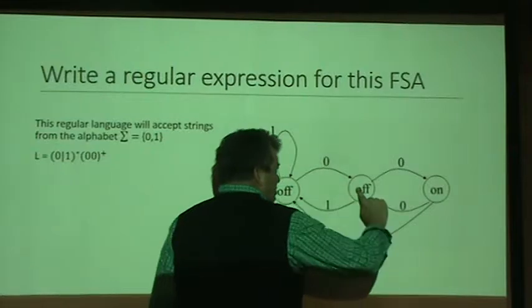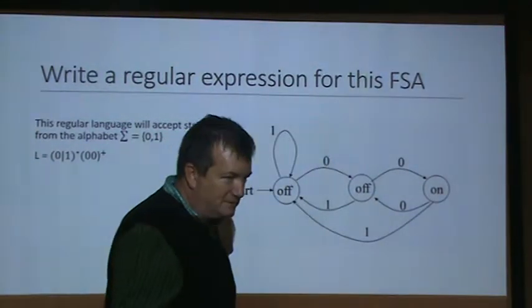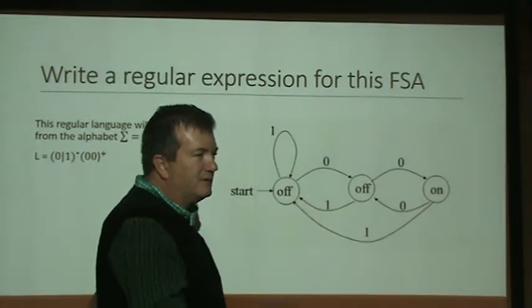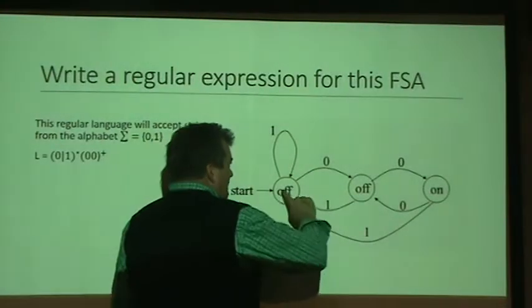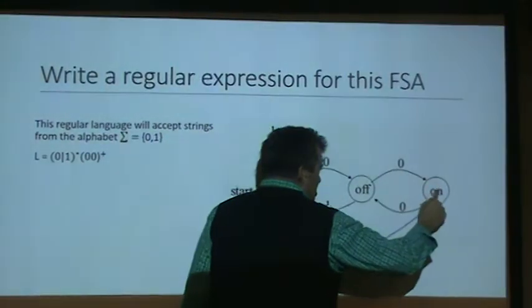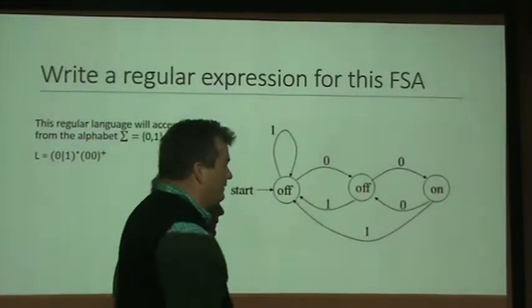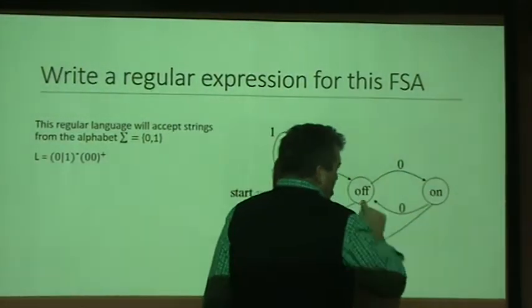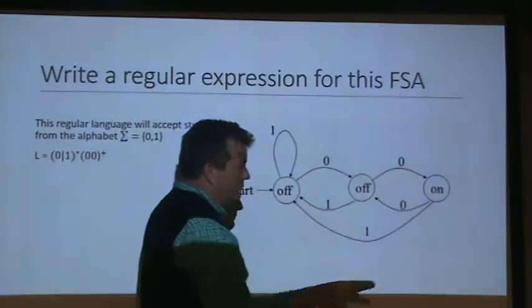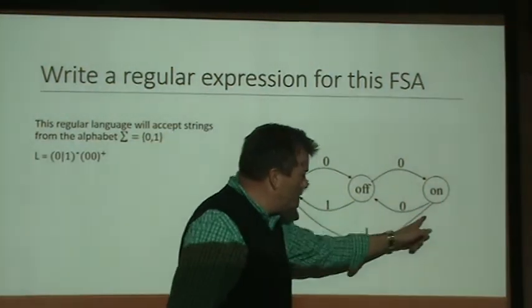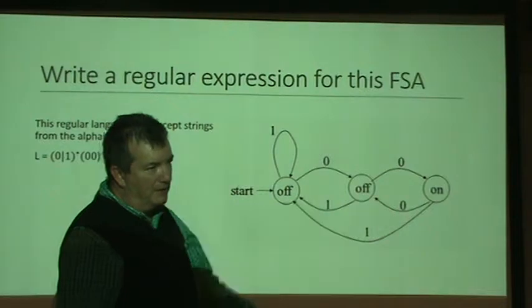If I read a 0 followed by a double 0 and the word ends, if it ends with 2 zeros, it's acceptable. If it ends with 2 zeros or 4 zeros, it's acceptable. If it ends with 2 zeros or 6 zeros, it's acceptable. If I see a 1, all the way back to the beginning.